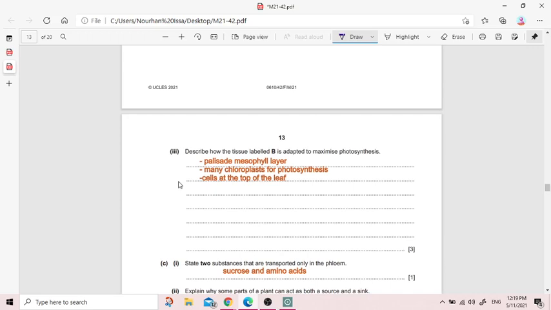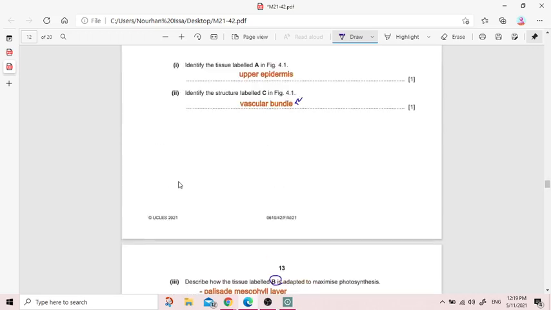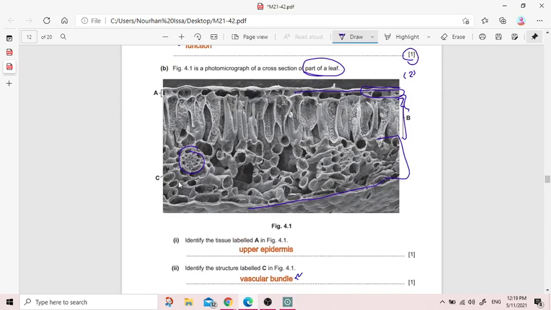Describe how the tissue labeled B is adapted to maximize photosynthesis. Who is B? Number 1, B, which is the palisade mesophyll layer, contains many chloroplasts for photosynthesis. This is adaptation number 1. Also, it is located near the top of the leaf in order to absorb as much sunlight as possible.